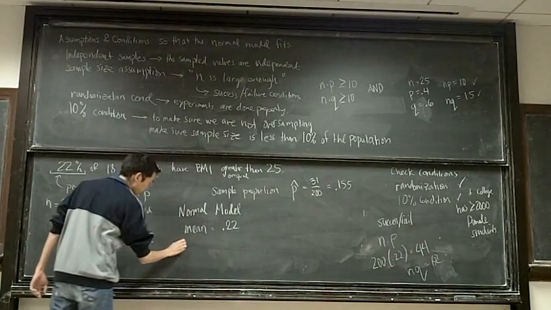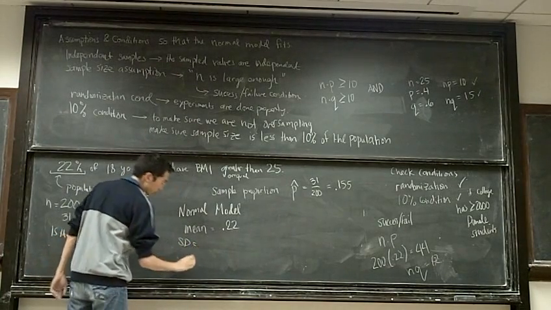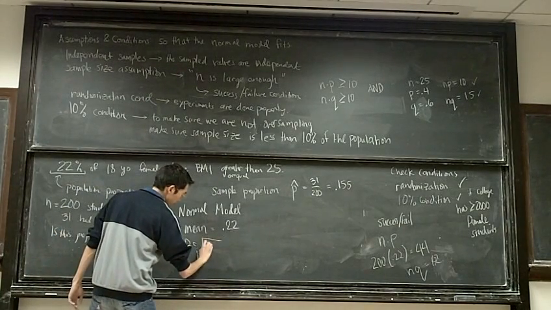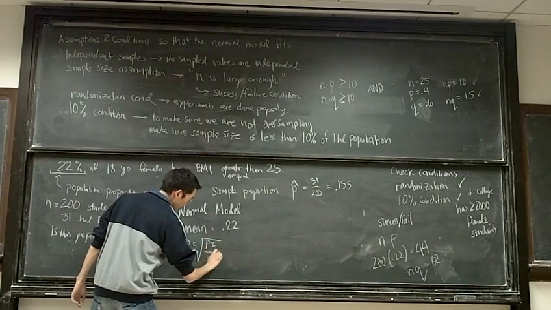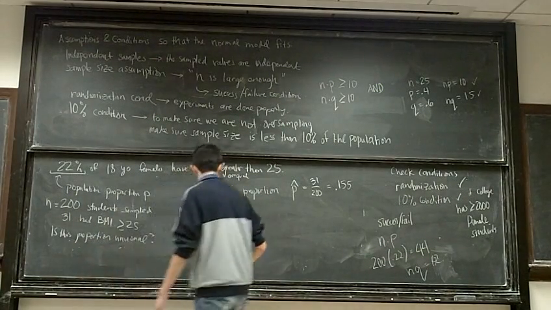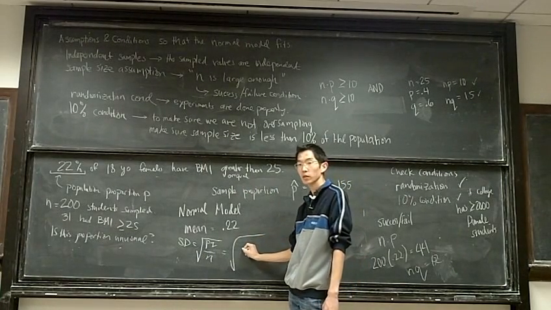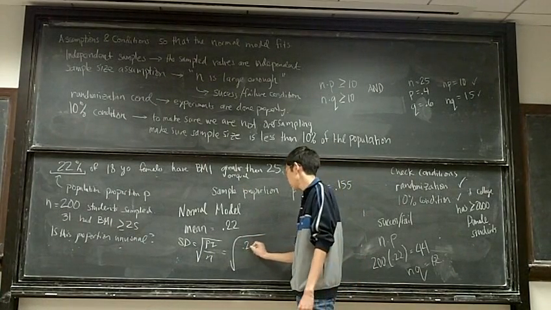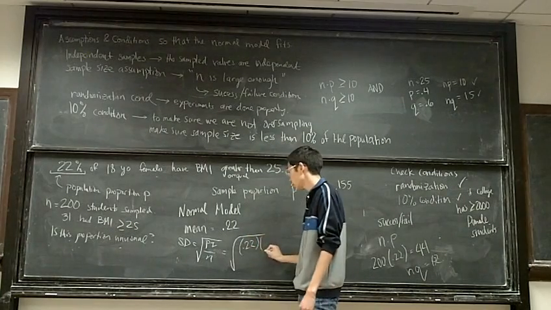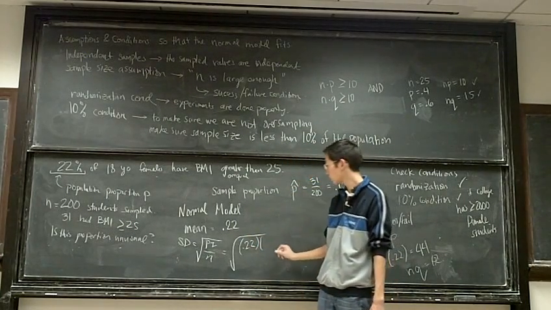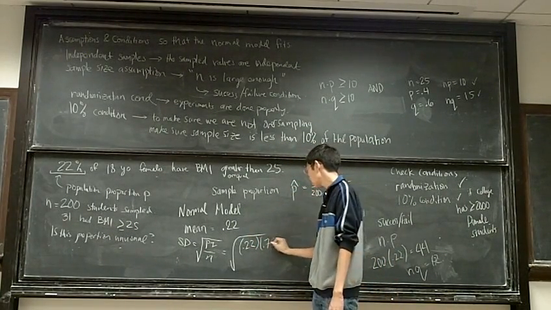And what is our standard deviation here? The square root of p times q over n. So p is 0.22. q is 1 minus 0.22, so 0.78.